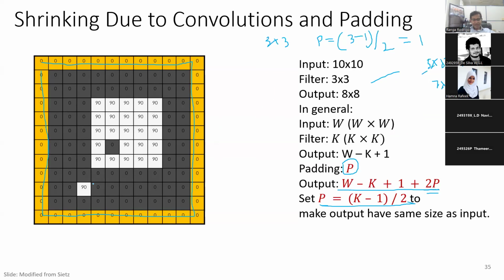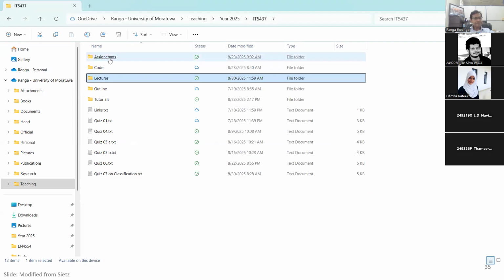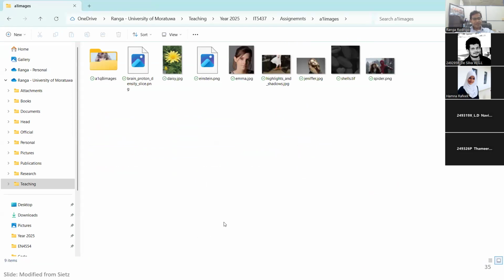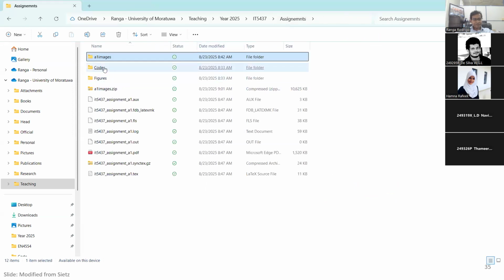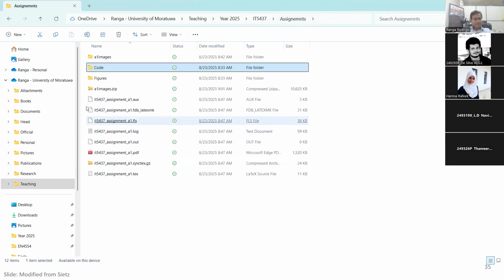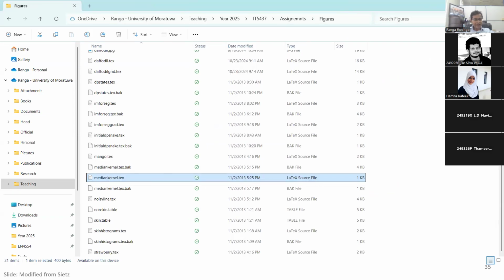Any questions about the padding? Okay, some people are asking for an image. I'll put that, otherwise you'll get confused. You say the image is not there, right? I'll find it from somewhere.